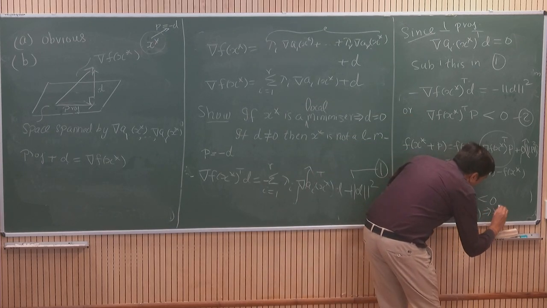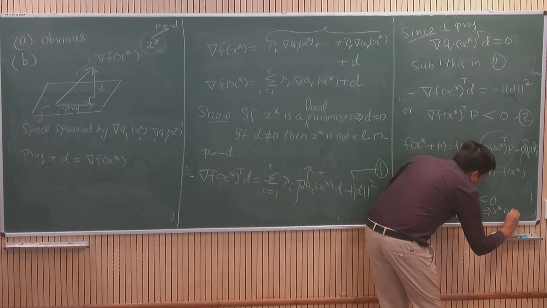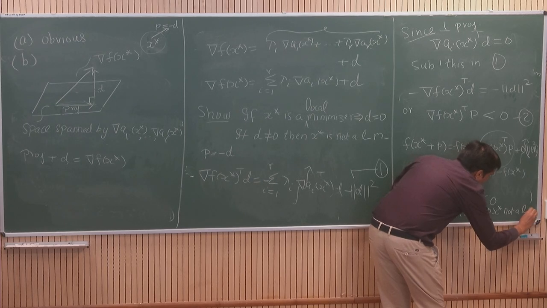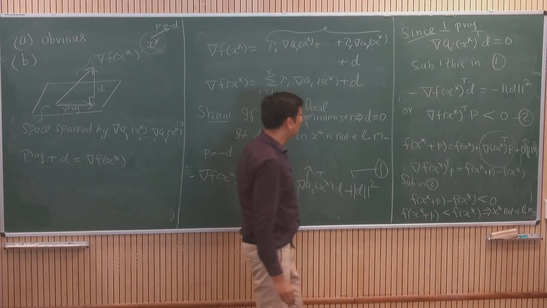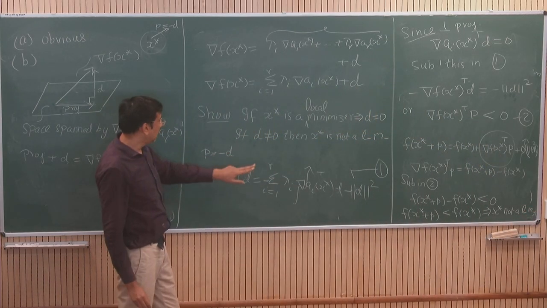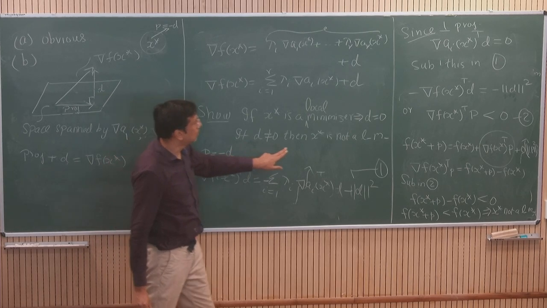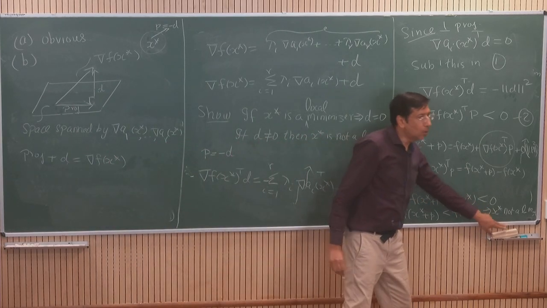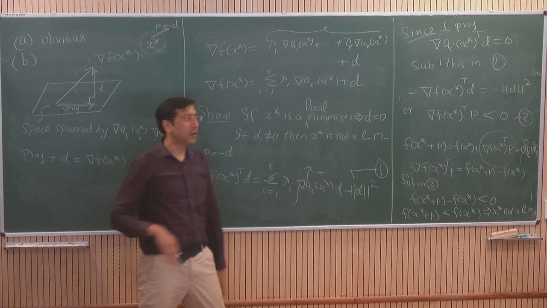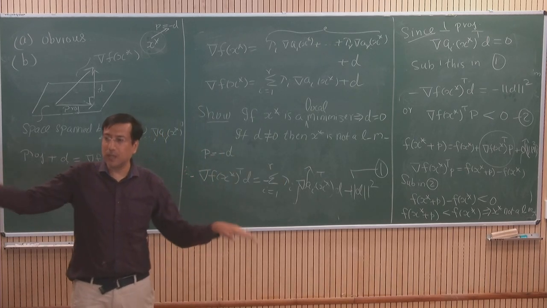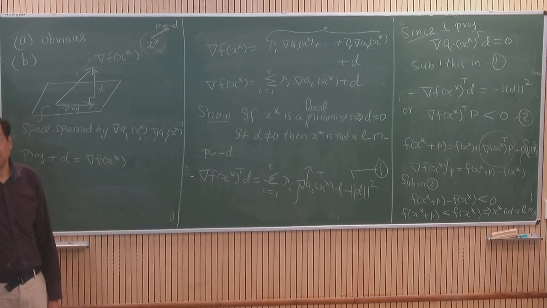This implies x star is not a local minimizer. This is what we had to prove. If d is not equal to 0, x star is not a local minimizer, or x star is a local minimizer, so d is equal to 0. Everybody with me?